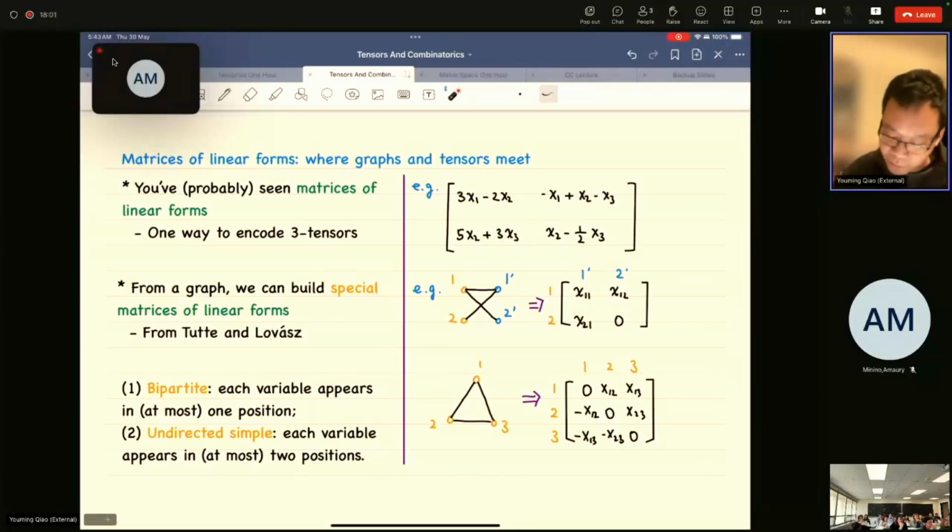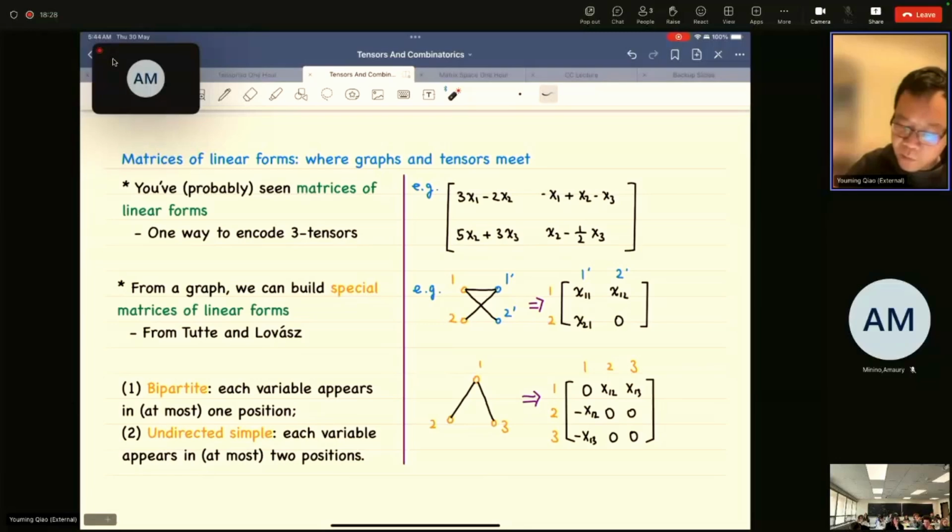But if you remove this edge, for example, then you are going to put 0 in the corresponding position. Okay. So this is just from general graph to a matrix of linear forms. And the point here is that we're going to get some skew symmetric matrices.